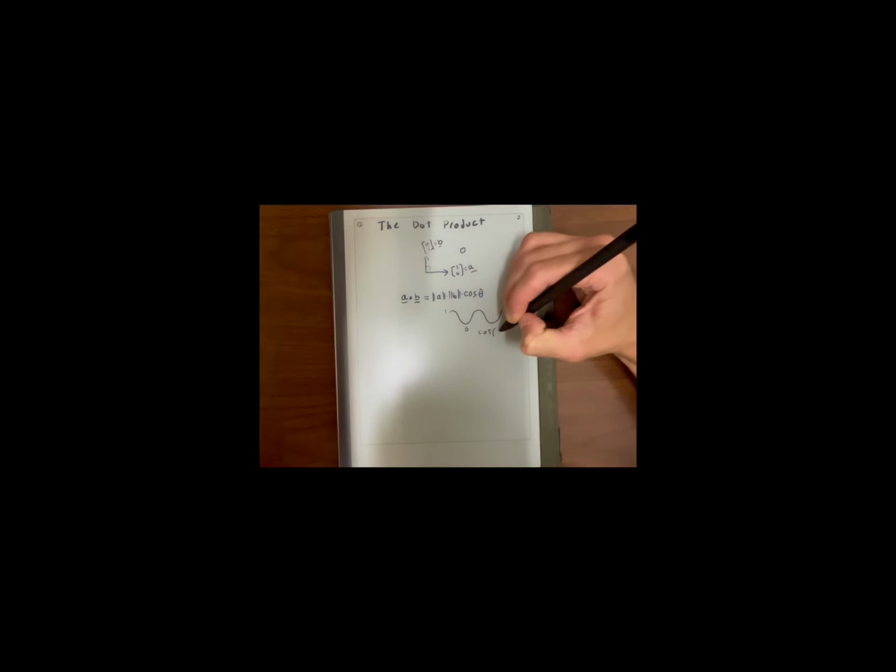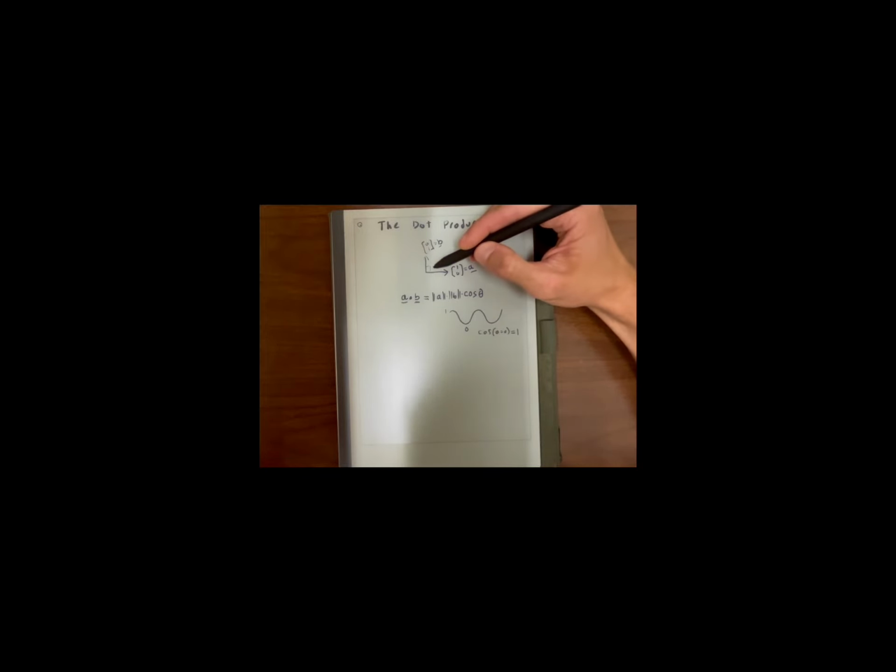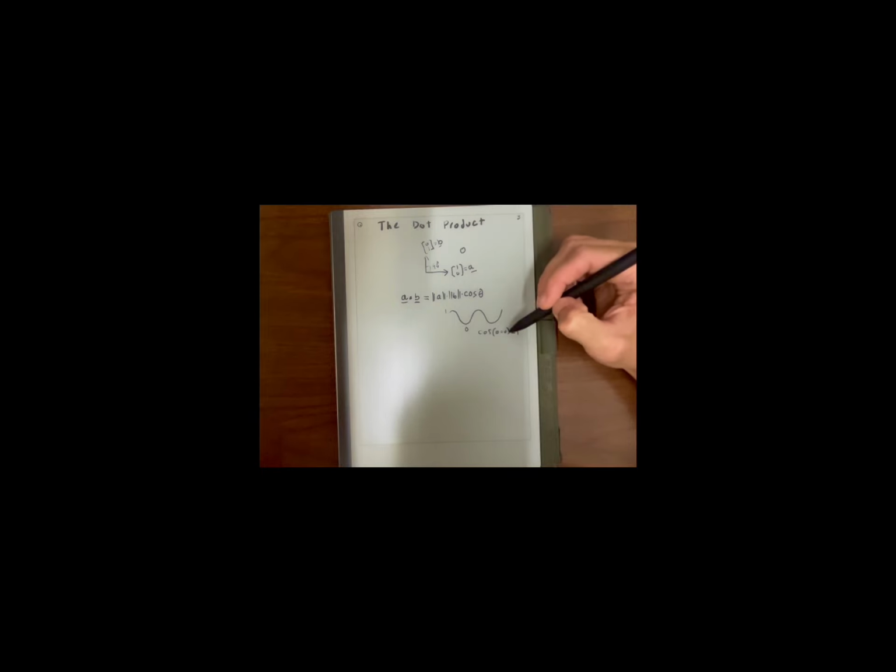And we know that when the angle is 0, the cosine of theta takes on its maximum value. So what does that mean for our 2 vectors up here? Well, if the angle is 90 degrees, then the cosine of 90 degrees is equal to 0. And therefore, we are going to have an output of 0 here.